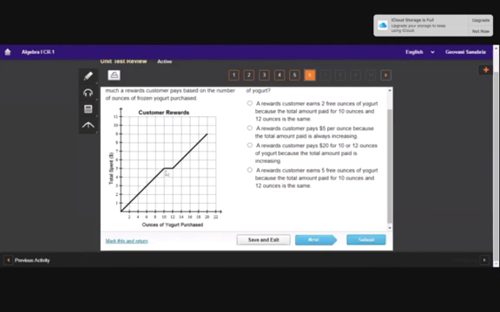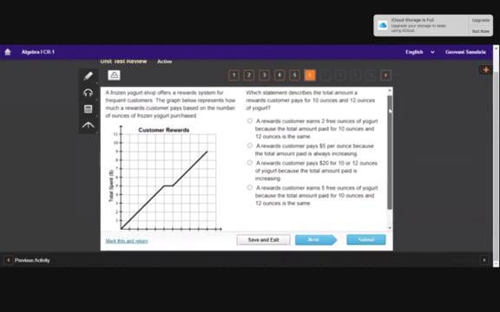It's the same price, $5. A reward customer earns 2 free ounces of yogurt because the total amount paid for 10 ounces and 12 ounces is the same. That seems right because they're spending $5 whether they get 10 or 12.